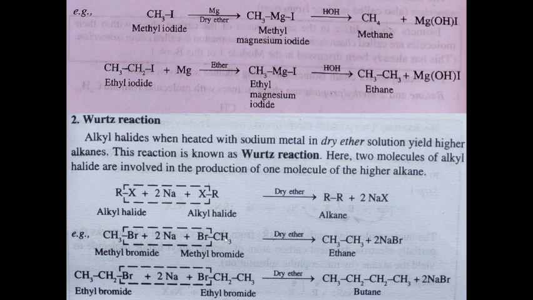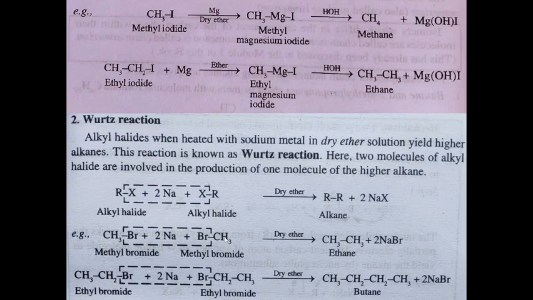Although it is a convenient method for the preparation of symmetrical alkanes, it is not a good method for the preparation of unsymmetrical alkanes. That means this kind of mixed reaction is not advisable in Wood's reaction.